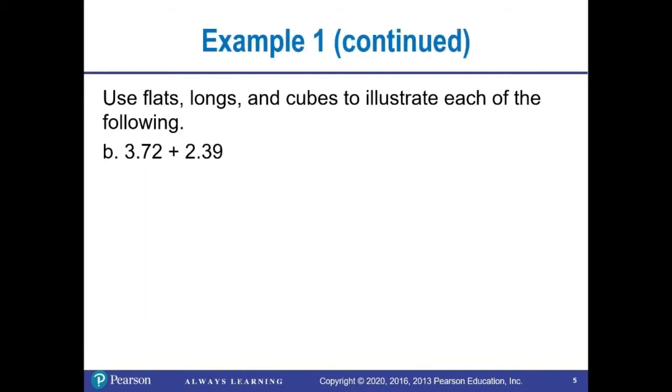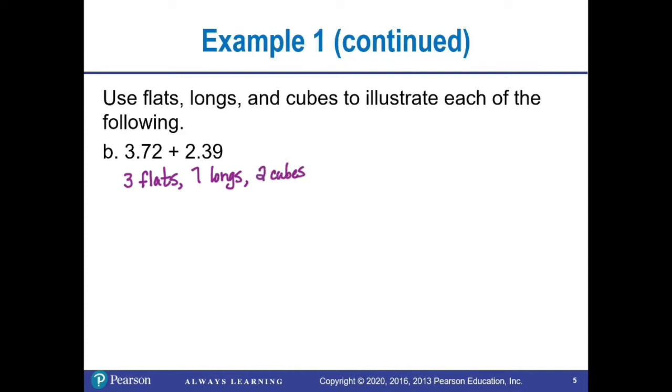Let's look at another. In part B, we have 3.72 plus 2.39. For 3.72, we have 3 units, so 3 flats. We have 7/10ths, so 7 longs. And we have 2/100ths, so 2 cubes.